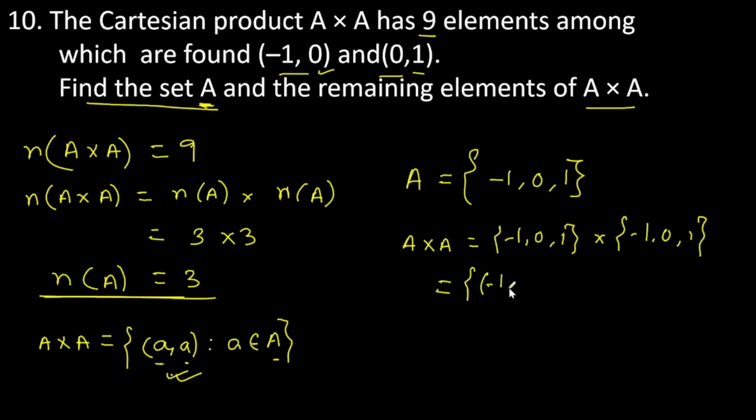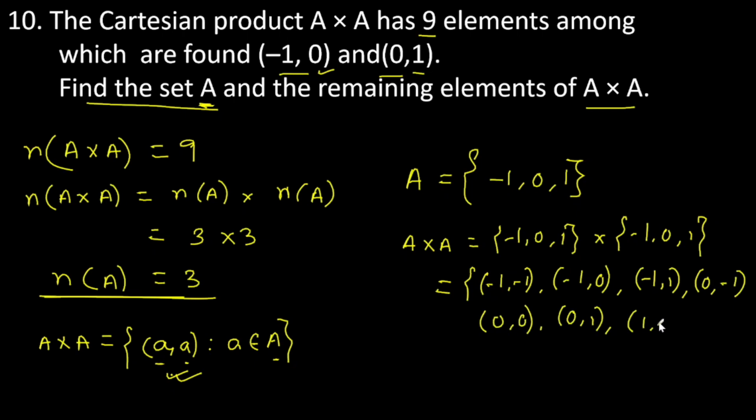So (-1,-1), (-1,0), (-1,1), (0,-1), (0,0), (0,1), (1,-1), (1,0) and (1,1). These are the elements. So (-1,0) and (0,1), these two elements are given.